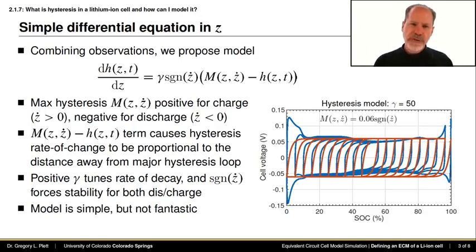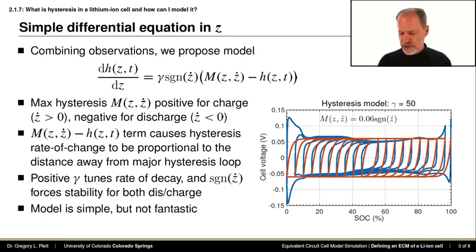So the figure that you see on the slide shows again in blue the sample result that we had earlier from the lab test data directly. And here I've spent a little bit of time, not too much time honestly, fitting the red curve, which is a model of hysteresis, to this equation. And I chose for this to have a gamma value of... no, sorry, gamma was 50, sorry.